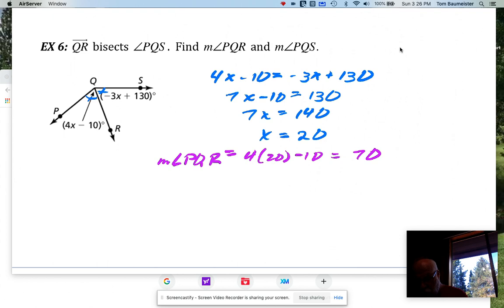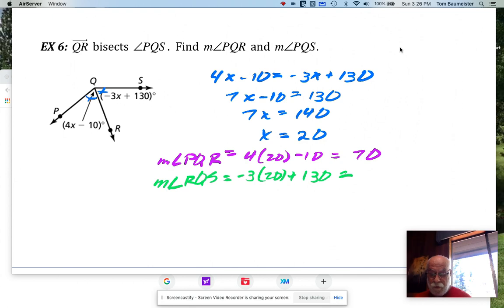And the measure of angle RQS is equal to negative 3 times 20 plus 130. And if we plug that in, negative 3 times 20 is negative 60. 130 minus 60 will also give us 70.